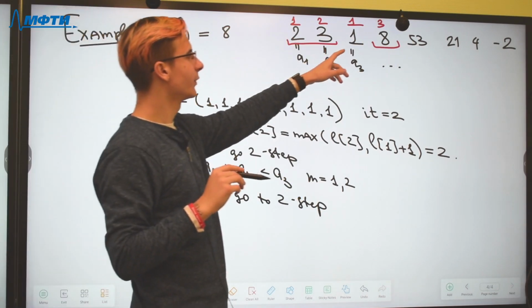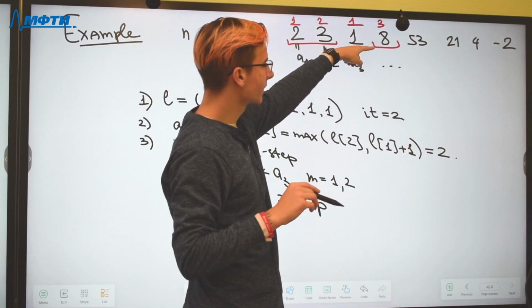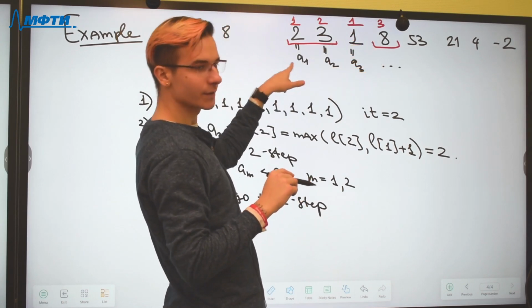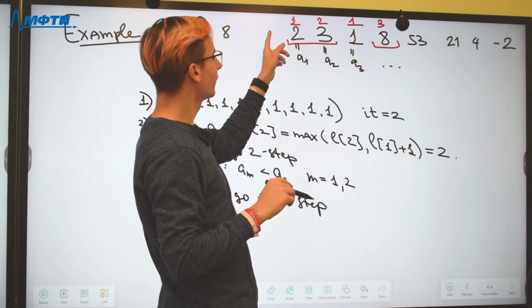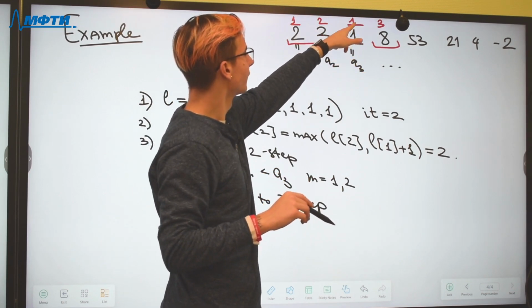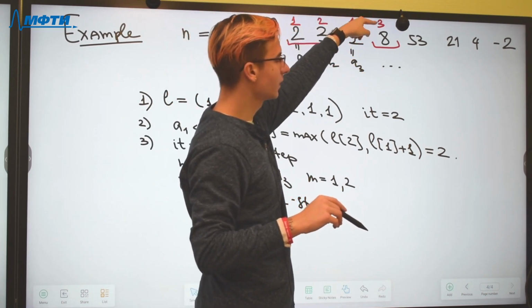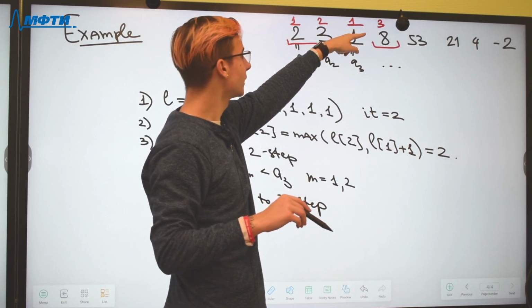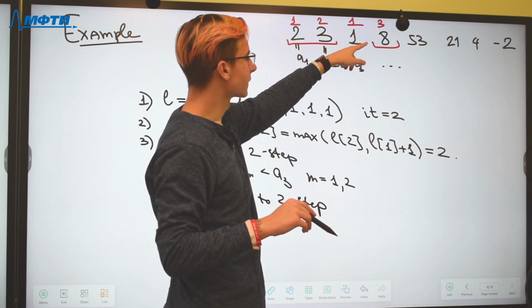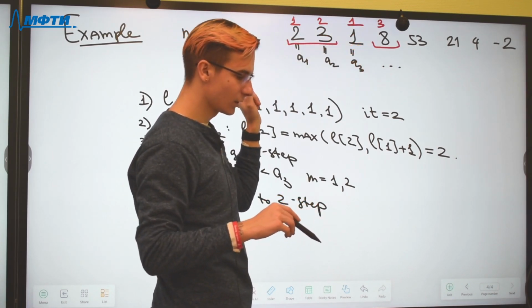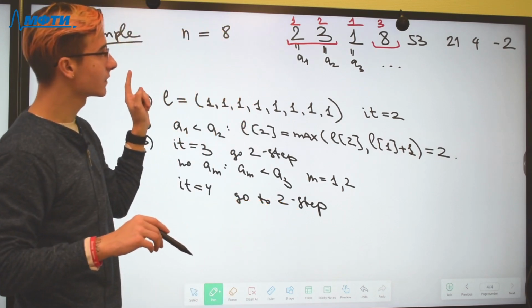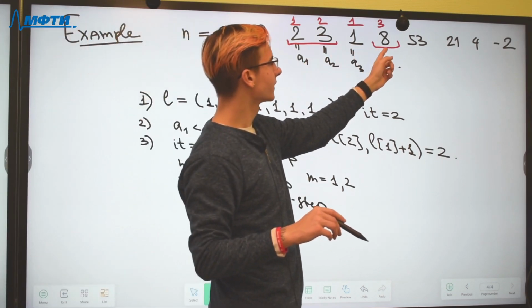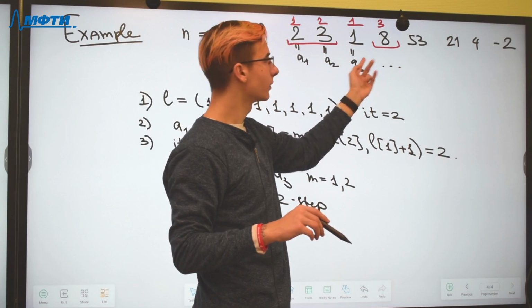We find that a with index 4 is bigger than the previous numbers, and then we find the maximum of these 3 numbers and add 1 to it, and get the length of the longest increasing subsequence that ends with the 4th number.